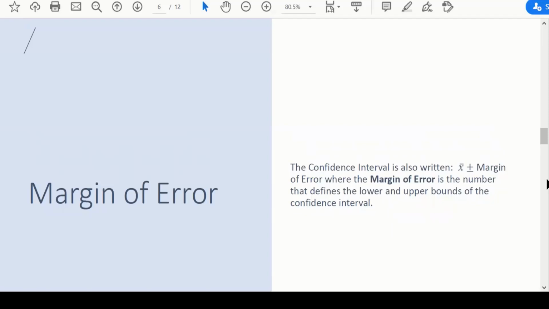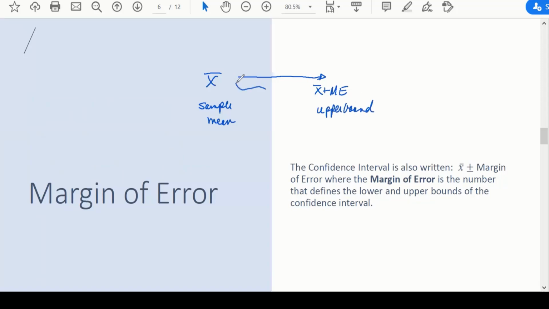So let me do a little illustration of what this is going to look like. You have your x bar estimate. This is your sample mean. Based on your x bar, you're going to do x bar plus the margin of error, and that gives us our upper bound.